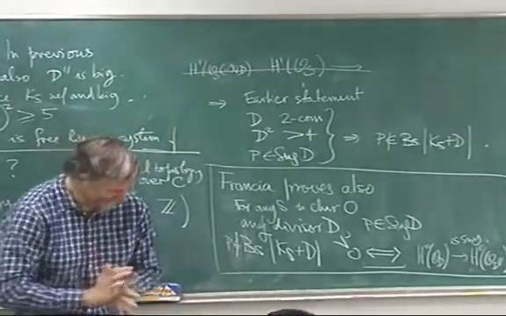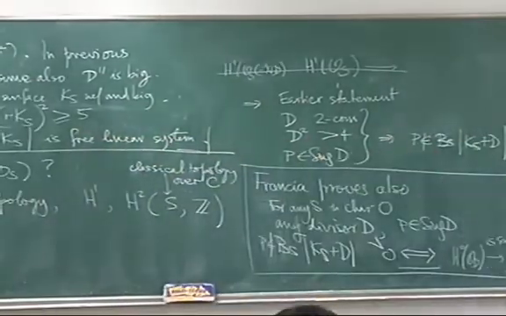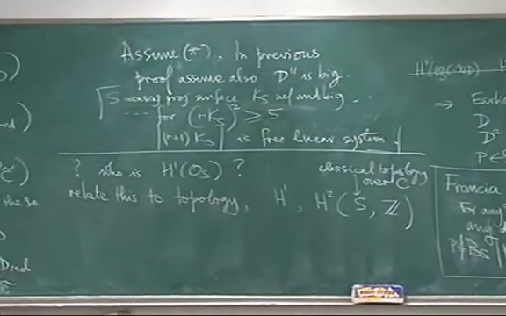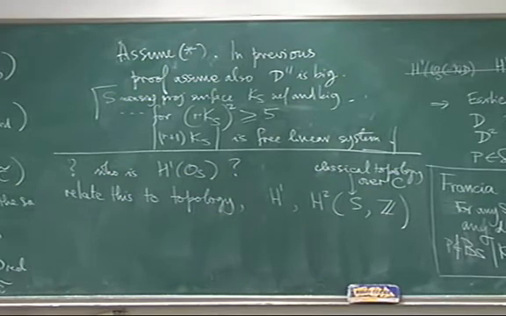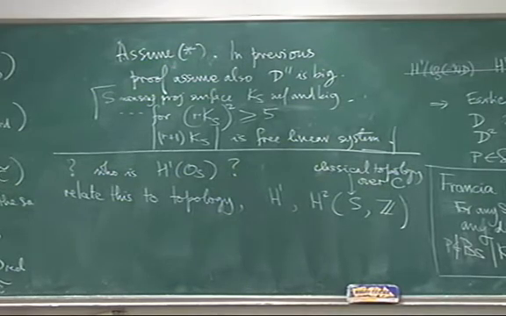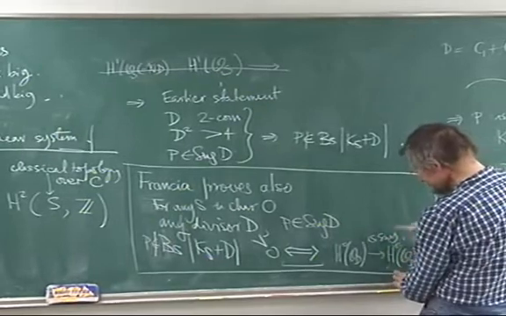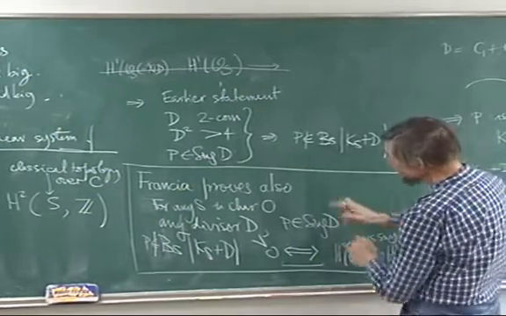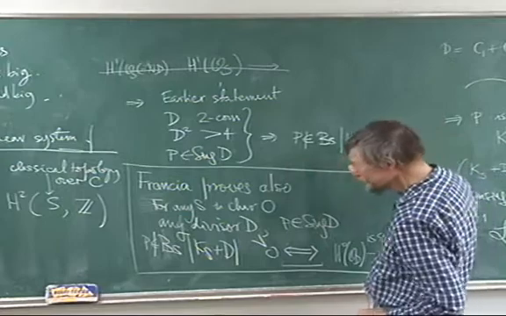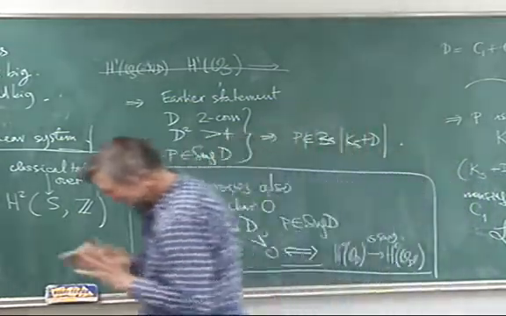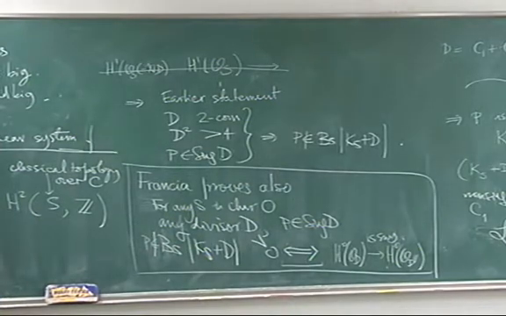I'm very sorry. The person at the blackboard is always blind. So here, arranging for this guy to have no sections was the key to proving that P is not in the base locus. Thank you. You should have said it earlier.